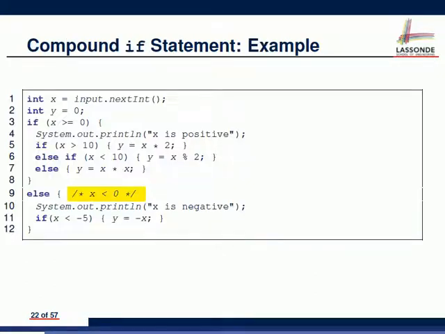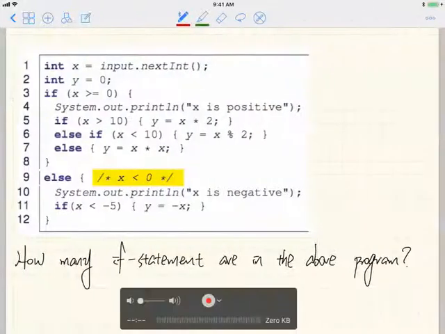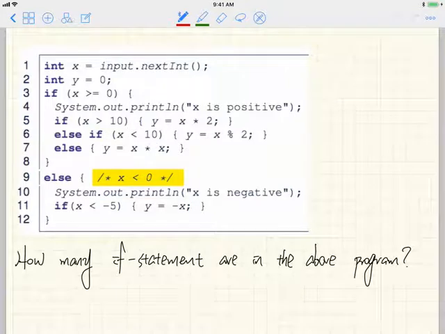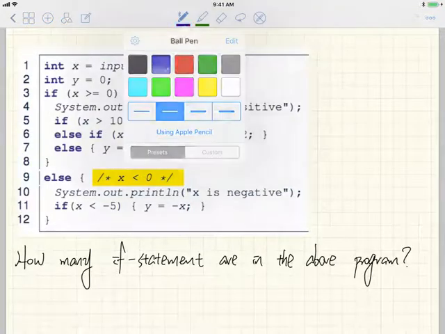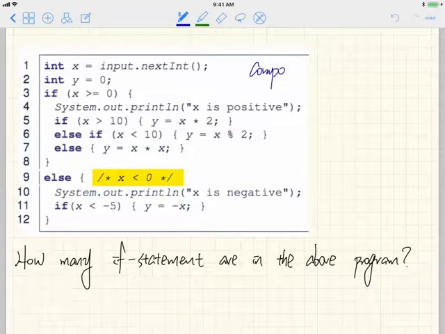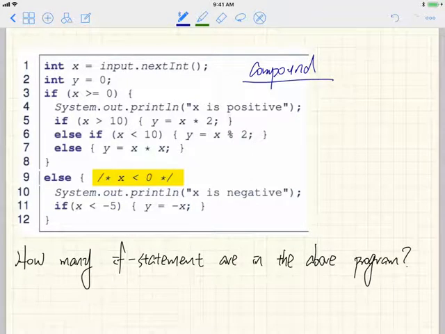Okay, one more example for if. Let's have a look at this program over here. This apparently, again, is a compound statement. It's compound because it's not a simple assignment only. It's actually selective.